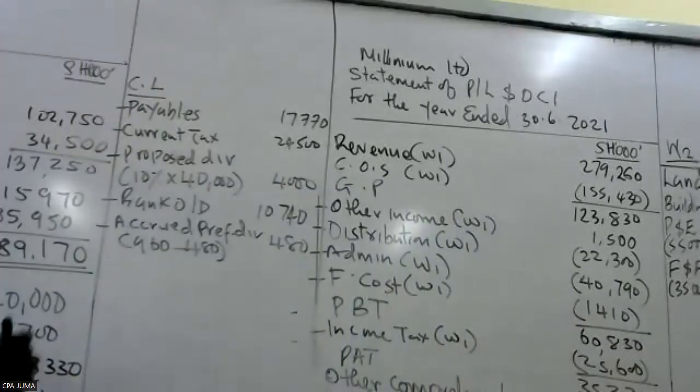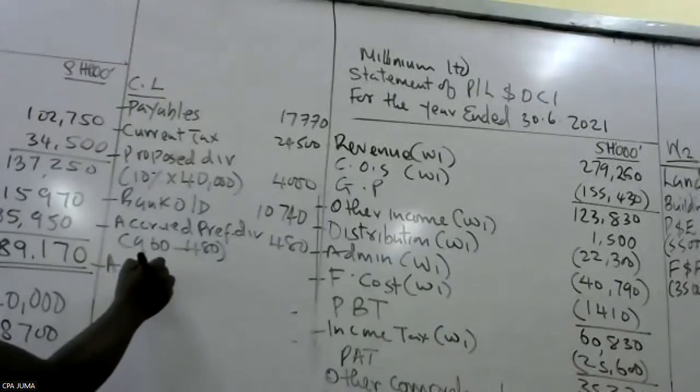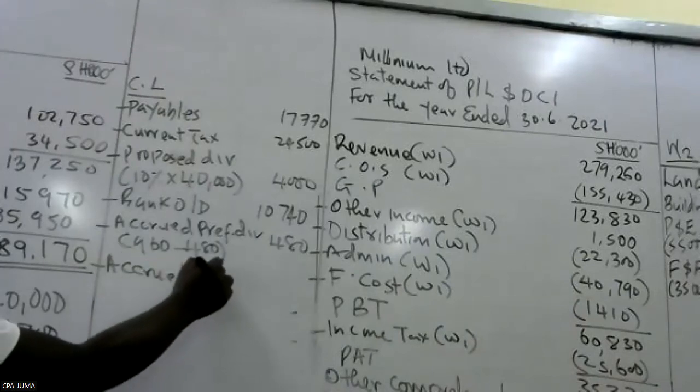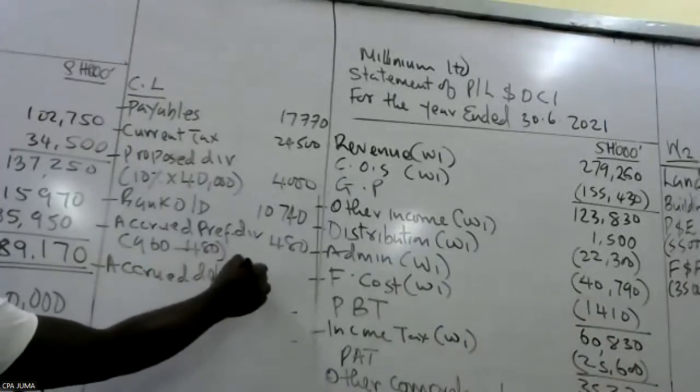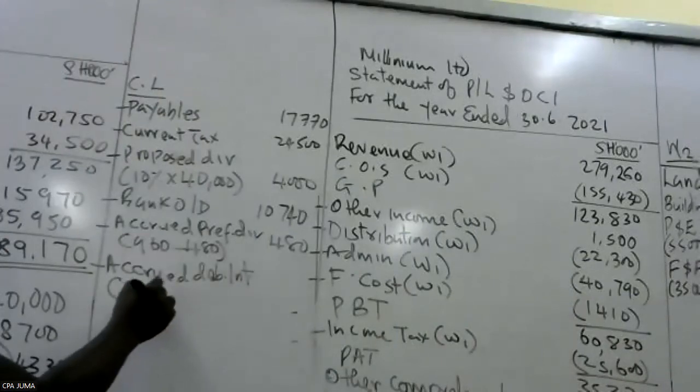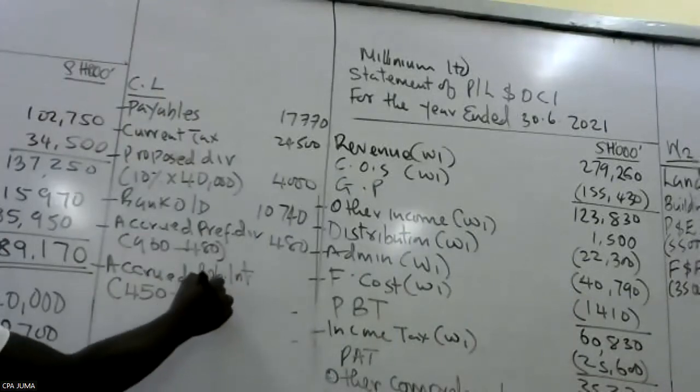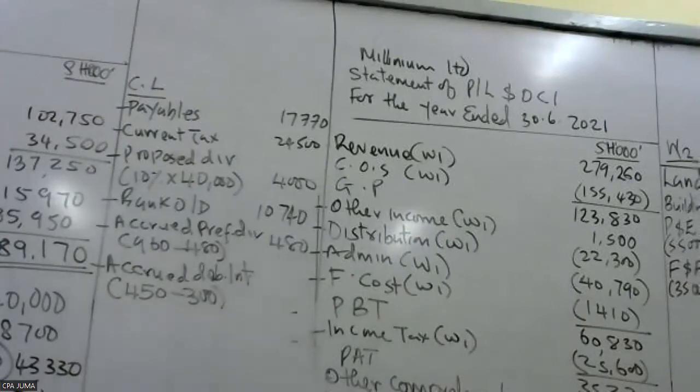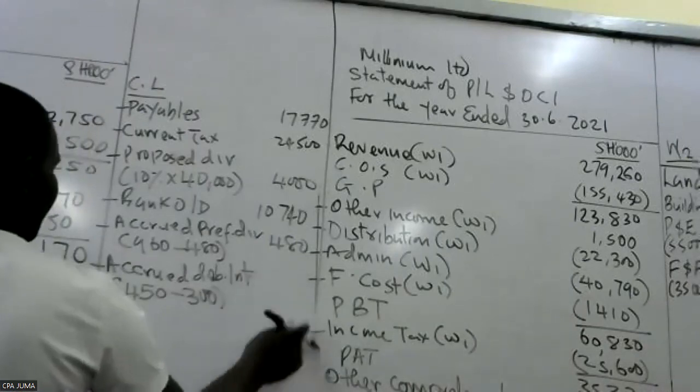Those people have not paid 150. Accrued debenture interest. It is 450 minus what? 300. Giving us how much? 150.